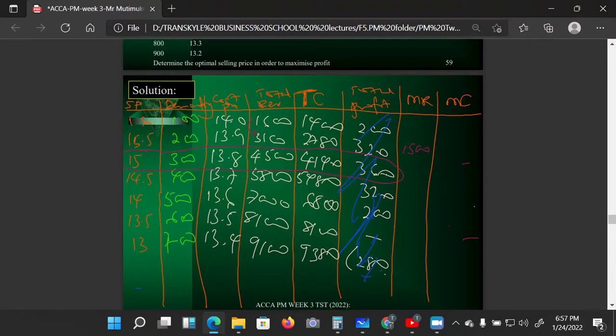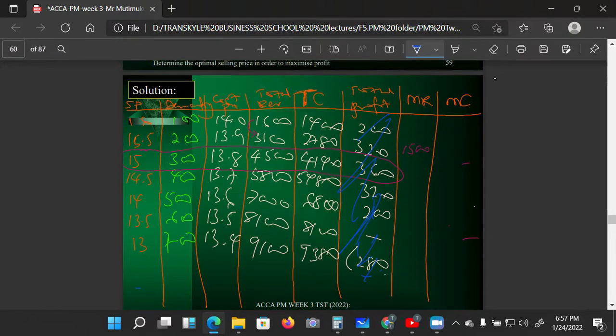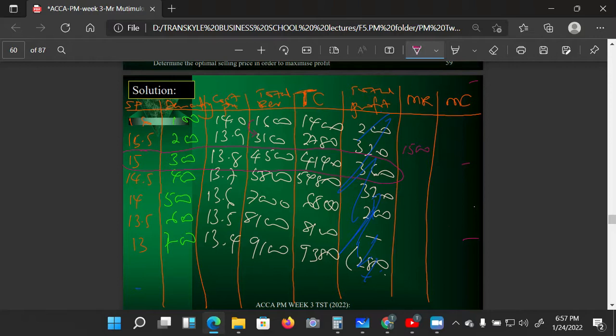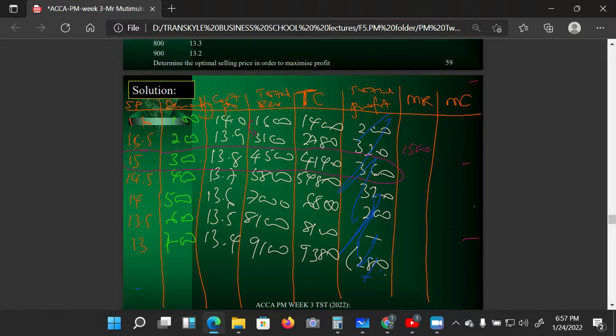The marginal cost is a movement from 1,400 to 2,780.